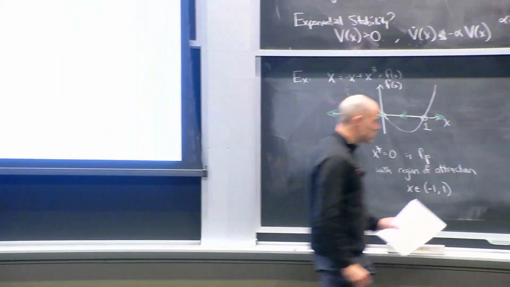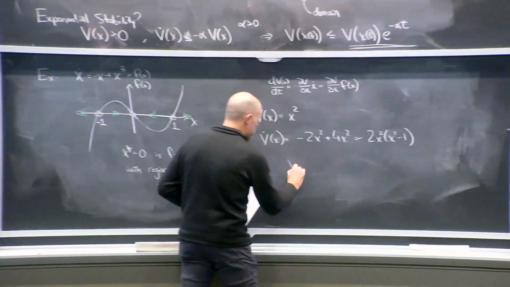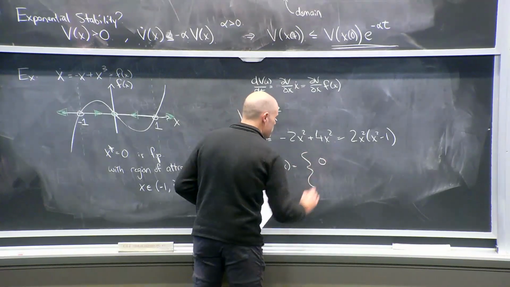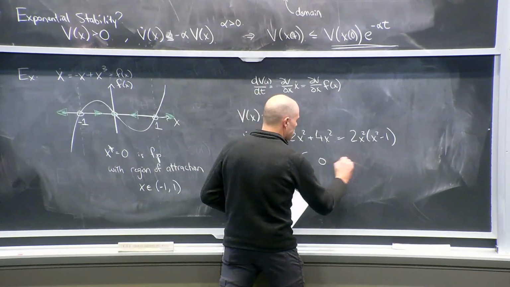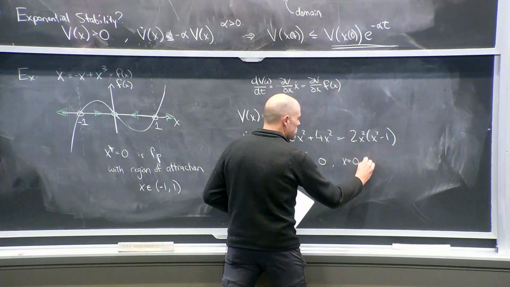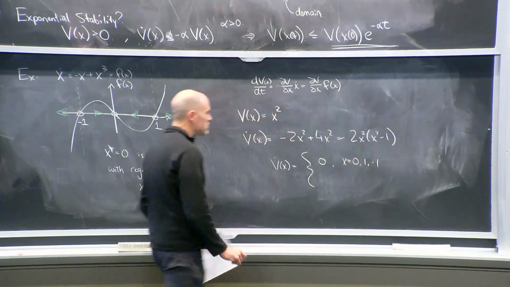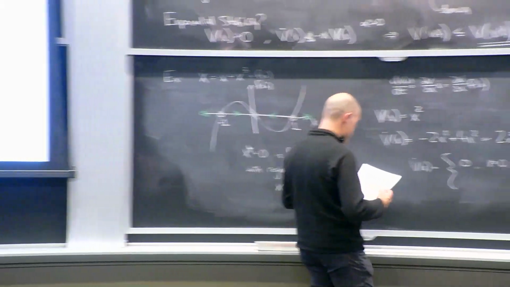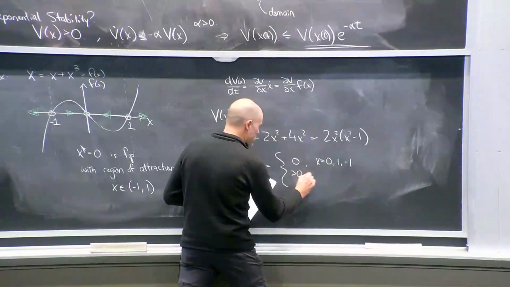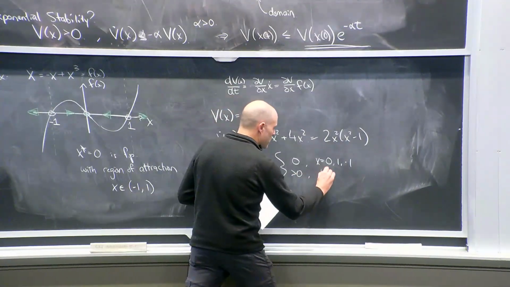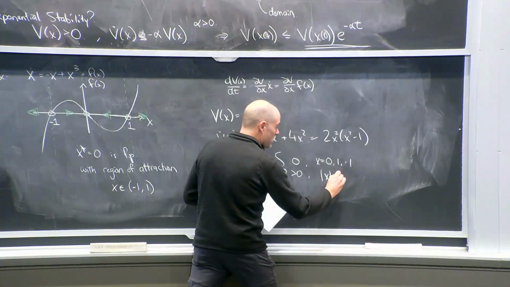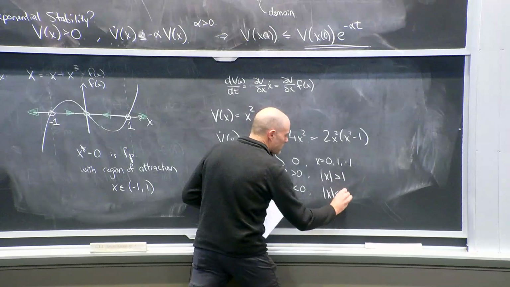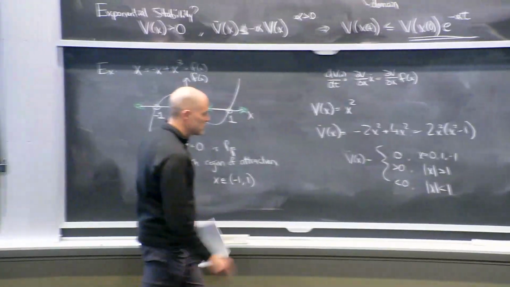So this function is 0 at x equals 0, 1, negative 1. Those are the roots. It's greater than 0 for all x greater than 1, and it's less than 0 for all x in between, except for x equals 0.